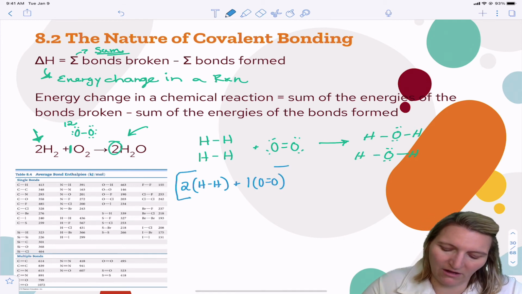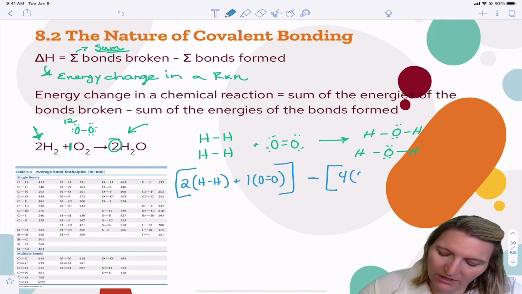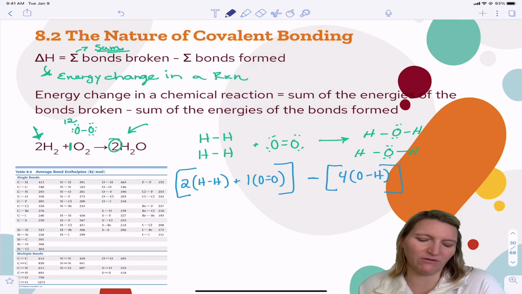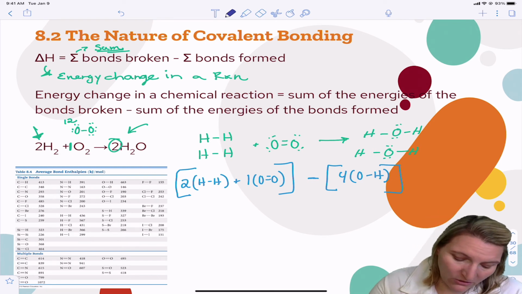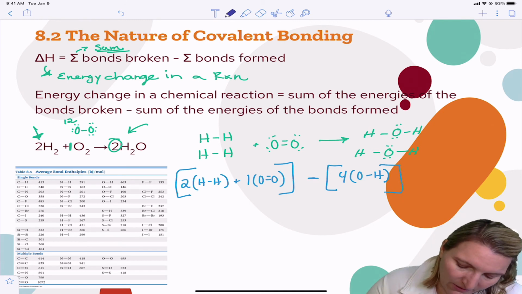This would be the sum of the bonds broken minus the sum of the bonds formed, which would be 4 times an oxygen-hydrogen single bond. We need to be careful because single bonds and double bonds and triple bonds are going to have different numbers. So now I can use the data on data table 8.4 to help us out.